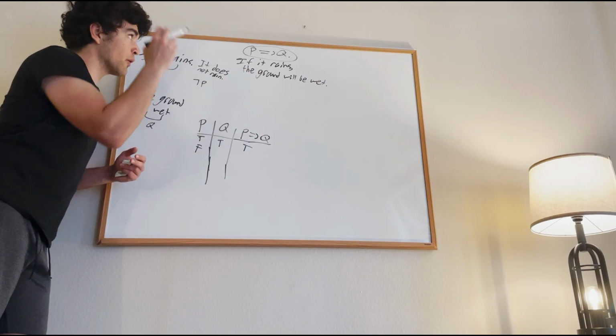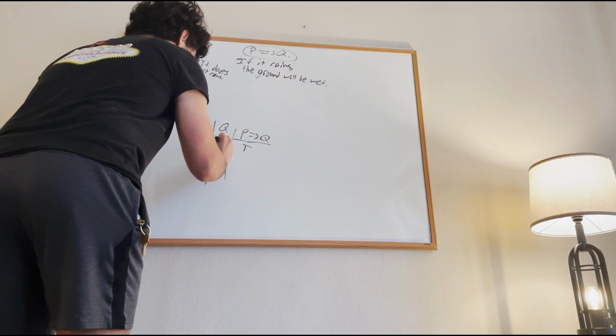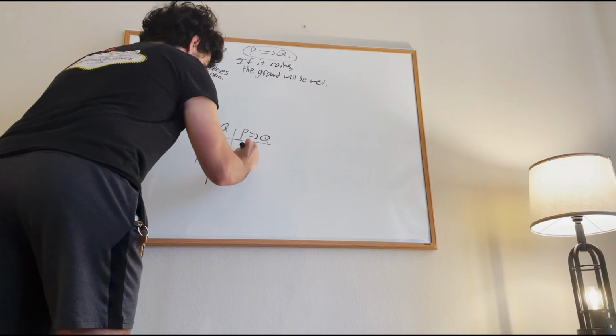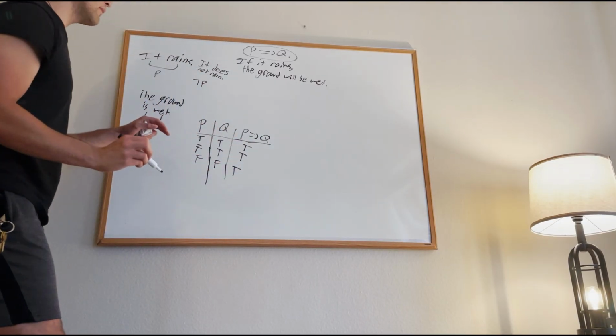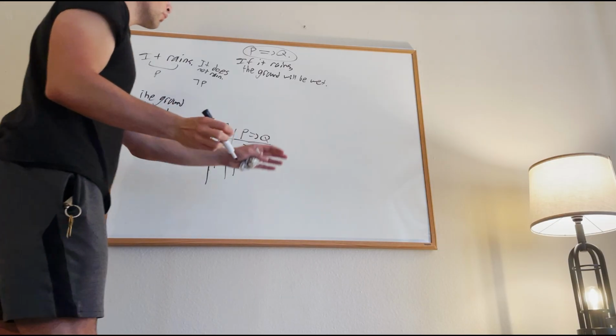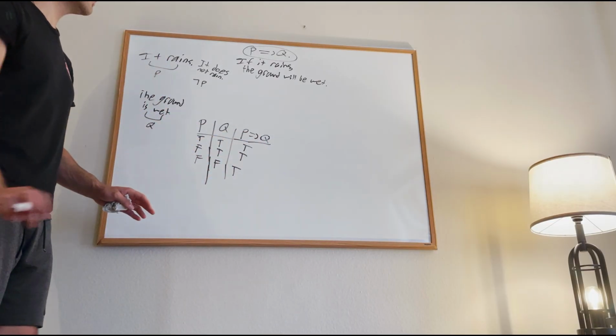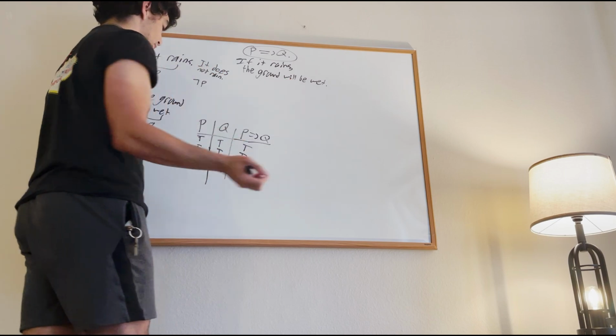So our compound statement must be true. So when P is false, Q can either be true or false. The whole compound statement, the whole implication is going to be true because we're not violating our rule up here.